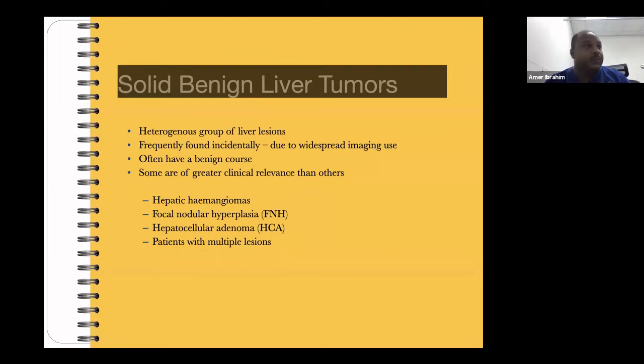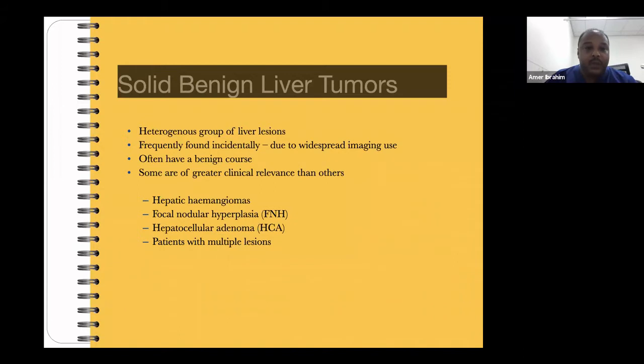So I was speaking initially about the benign liver lesions. It's a heterogeneous group of liver lesions frequently found incidentally. Why? Because nowadays we are using radiological investigation so frequently. So most of the time you can easily find a liver lesion, and you start to ask yourself, and the patient might start to ask, what is it and what is the proper treatment that should be offered.